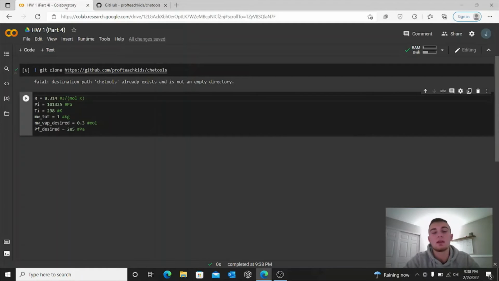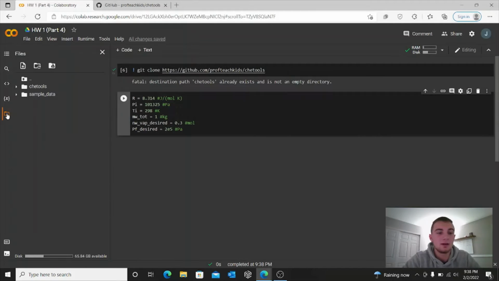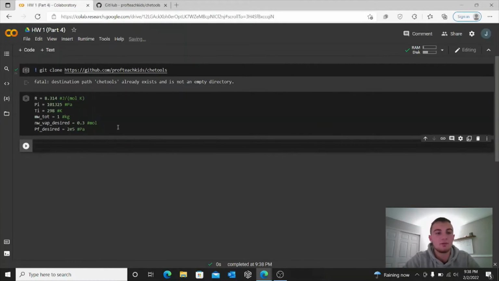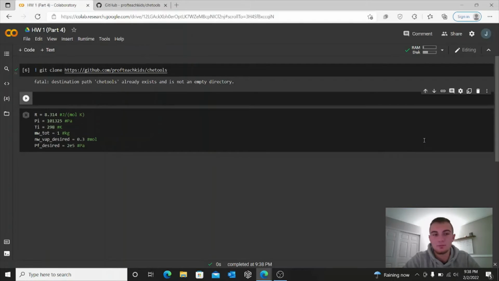Now, since I already have it downloaded in Colaboratory, I get a message that reads destination path CHE tools already exists. But if you were to do this for the first time, it would clone it and put it in your files right here. And see, I have it here, and it is called CHE tools. So now what we need to do is go ahead and insert a line, and we need to basically tell Python where to access this code so that we can bring it in for use.